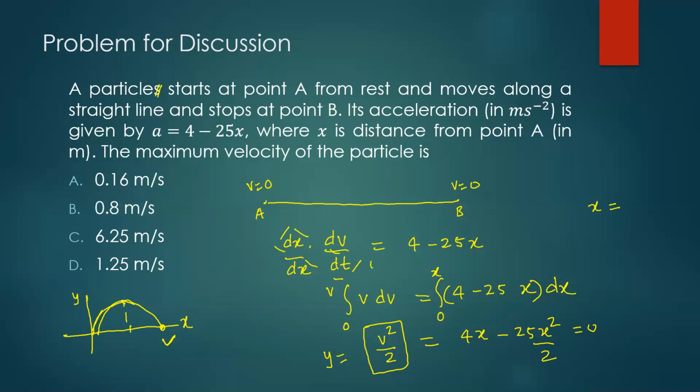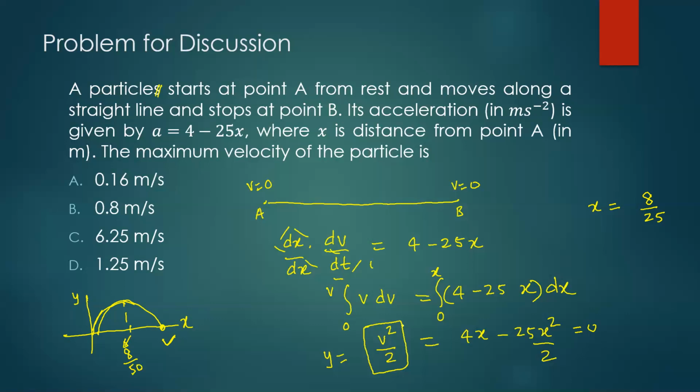No, I will not get this value. So by mistake, don't take this value. So if I'm equating this to 0, x will be 8 by 25. So that means this value will be exactly in between. So this value will be 8 by 50.